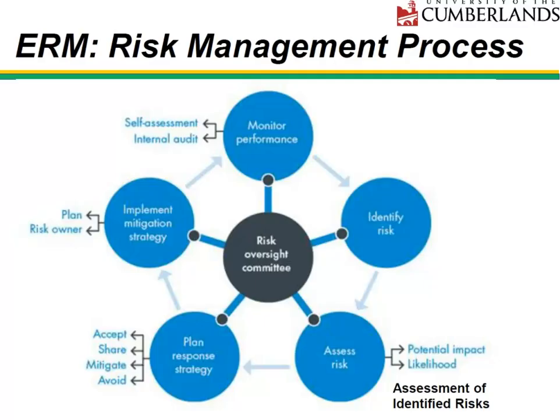We need to track whether our responses are working, and this includes both self-assessment, evaluation done internally, and also internal audit, independent verification. Again, you can see that it's an ongoing cycle, which allows for continuous improvement as we repeat the process over and over again.